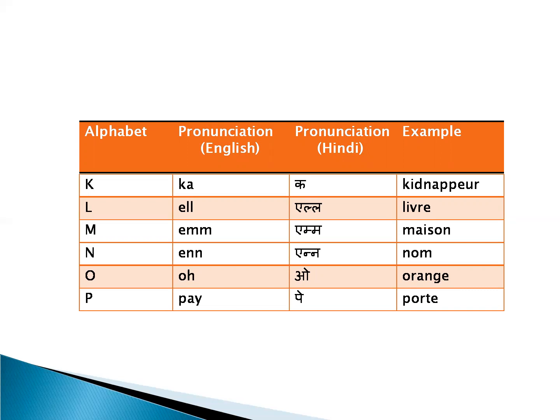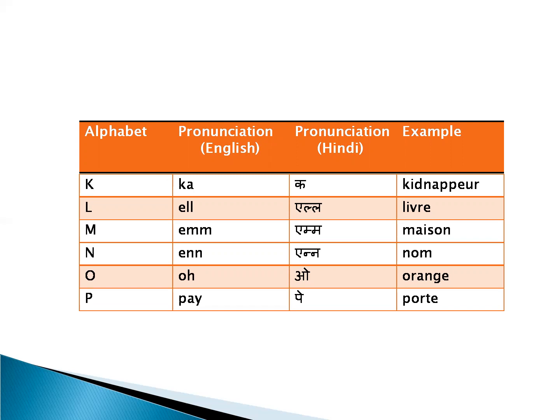The next is N, which is N. Okay. And one example is nom. Nom means name. Okay. The next letter is O. The pronunciation is O. And one example from the letter O is orange. Okay. Orange. Orange means orange, which is a fruit. We all know that. The next letter is P, which is pay.